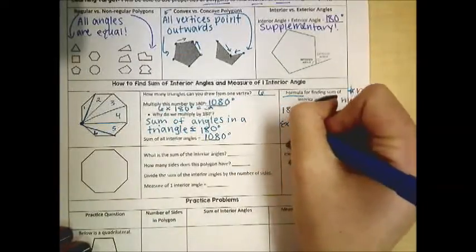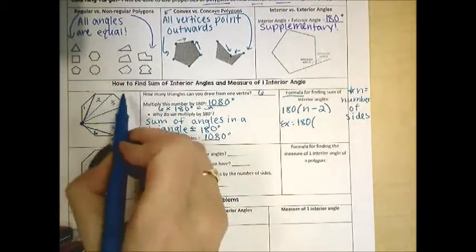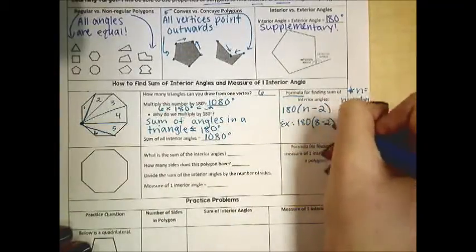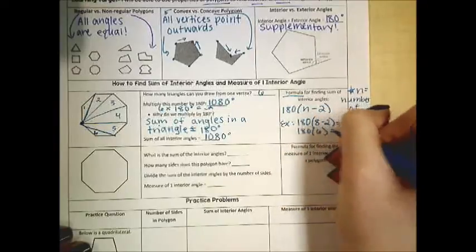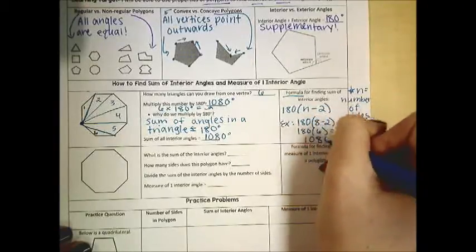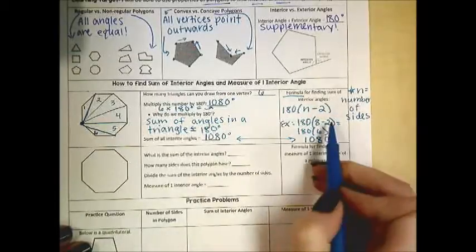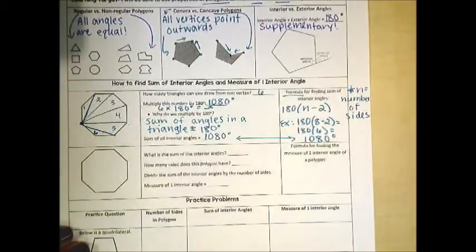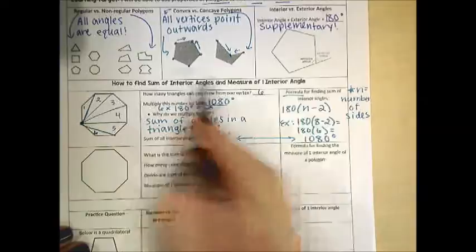So in our example over here, 180 times 1, 2, 3, 4, 5, 6, 7, 8 sides minus 2, that is equal to 180 times 6, which equals 1080 degrees. So you can see that we get the same thing whether we use the formula or we take the time to draw all the triangles. That is how we find the total sum of all the angles.